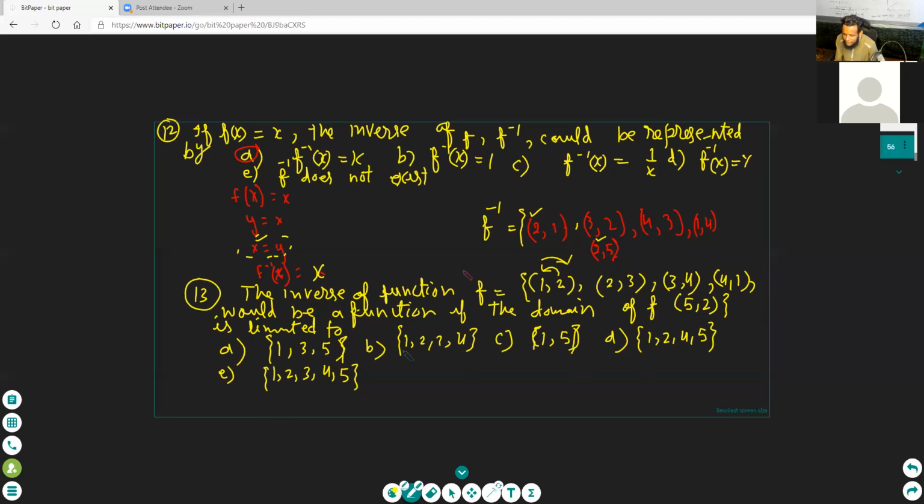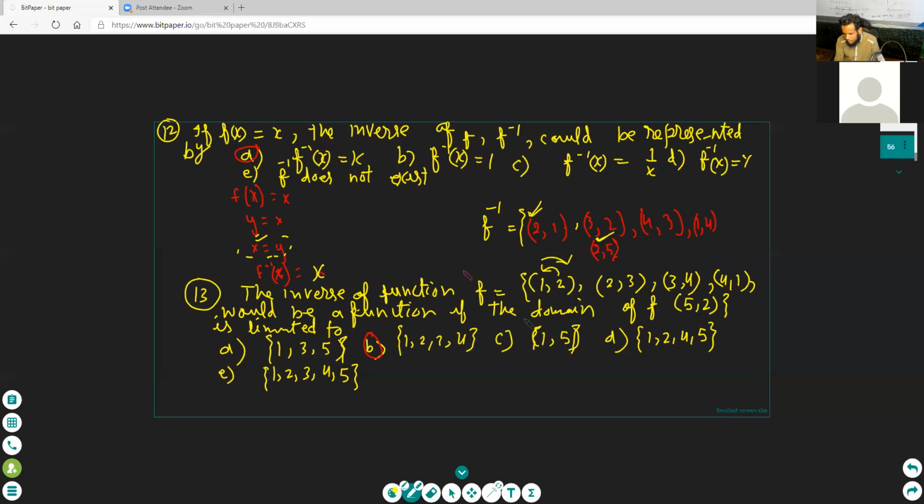Tell me the domain for which the inverse of the function will be a function. Here 2 is repeated. So it's option B. Option B is correct.